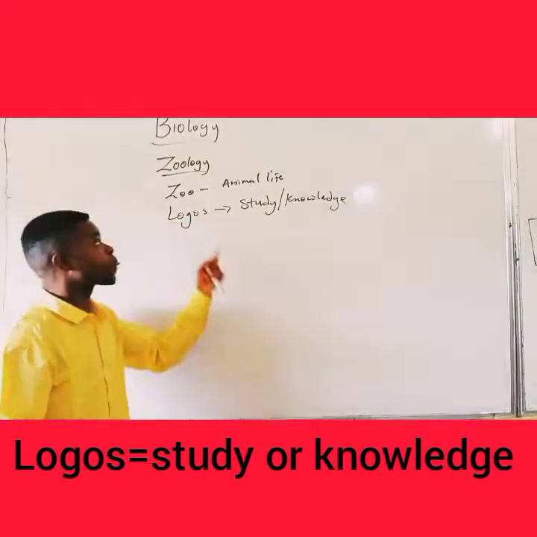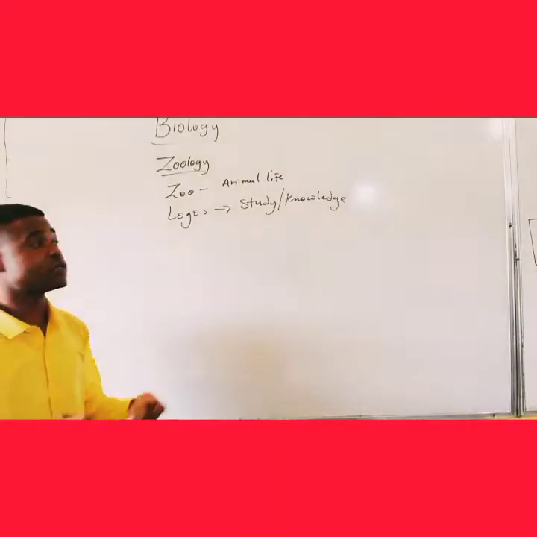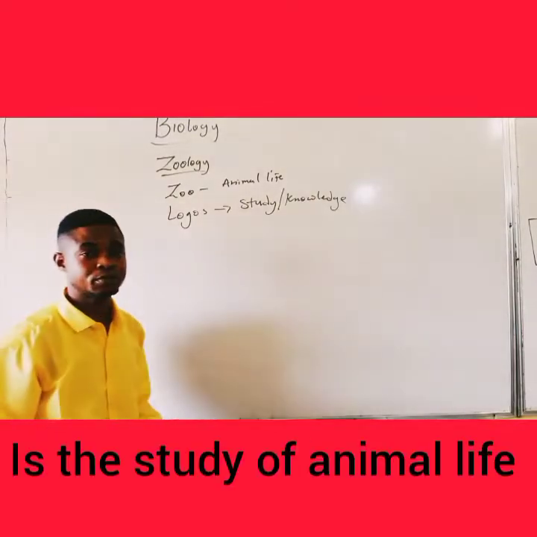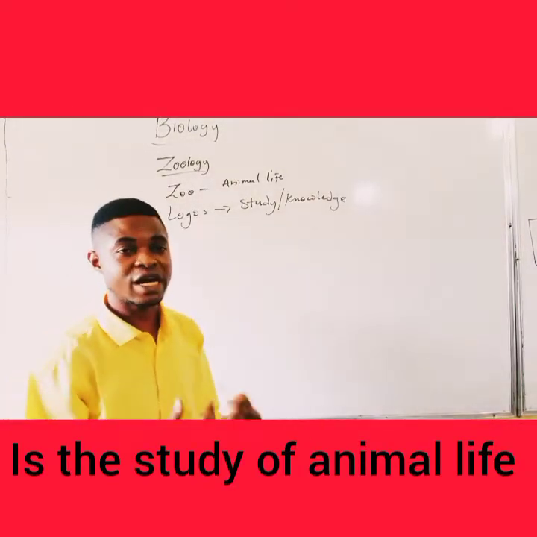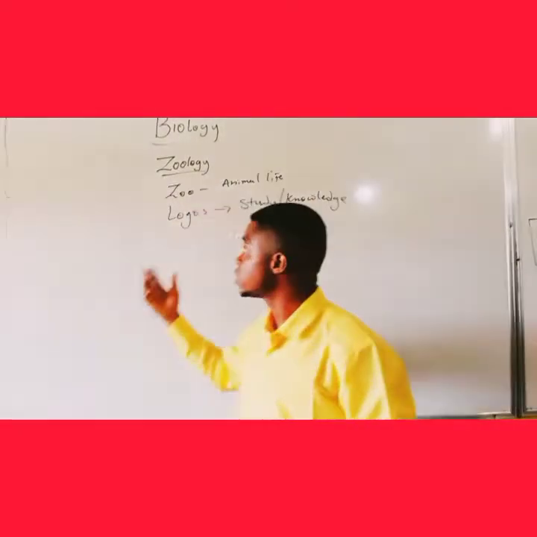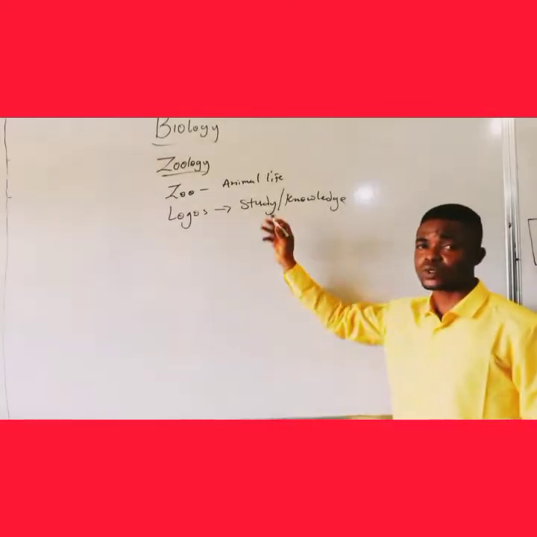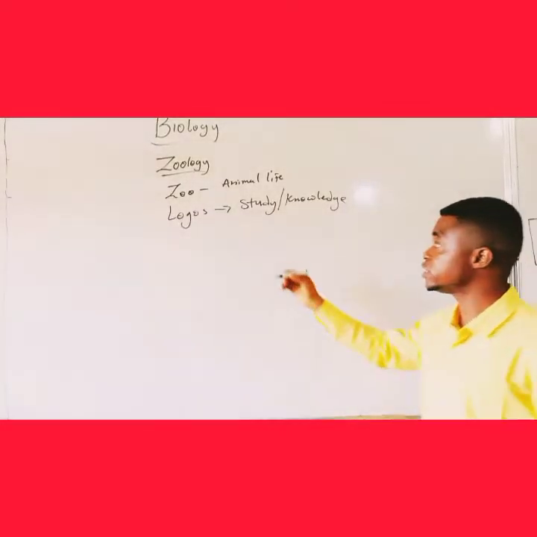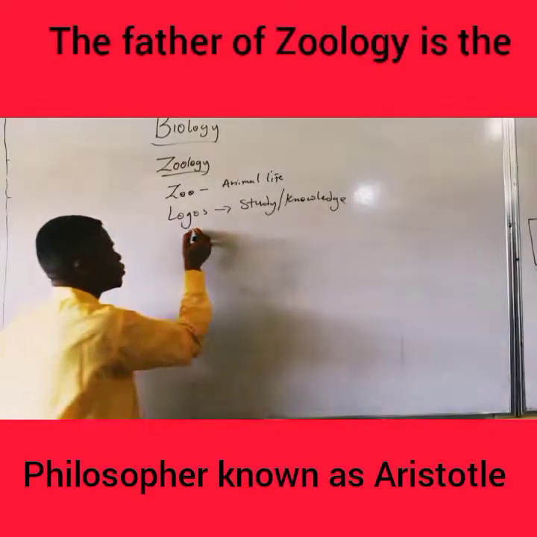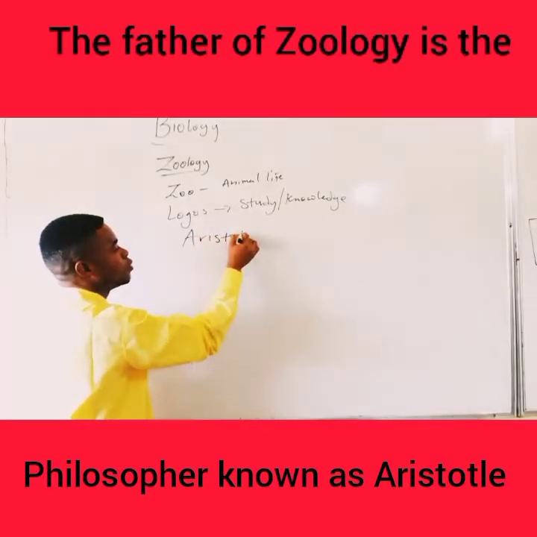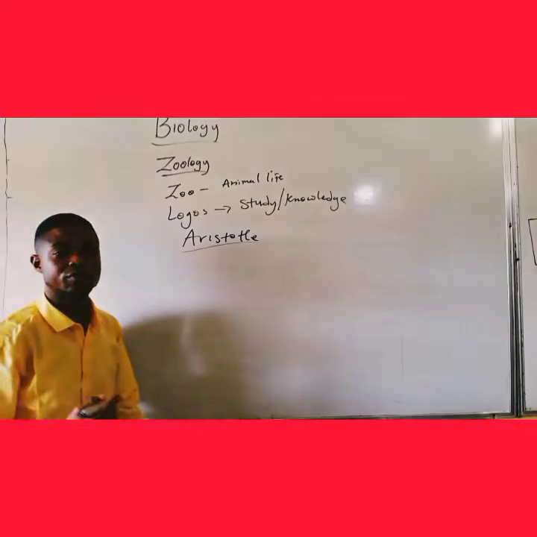So zoology is the study of animal life. The study about animals is known as what? Zoology. Now the father of zoology is a scientist named Aristotle. So Aristotle is the father of zoology.